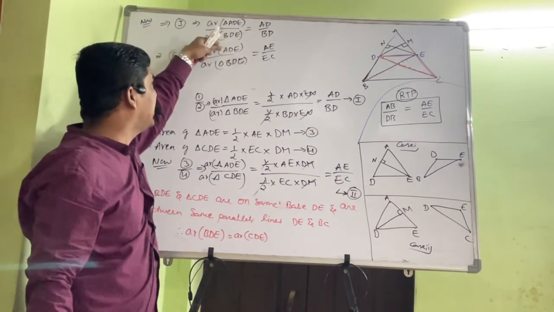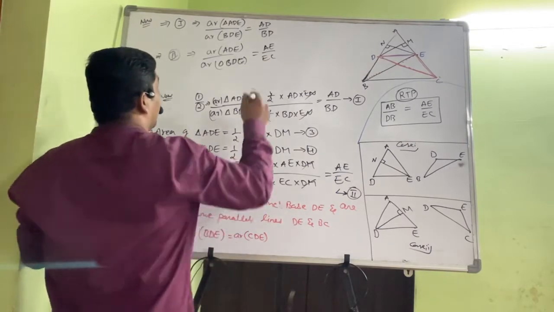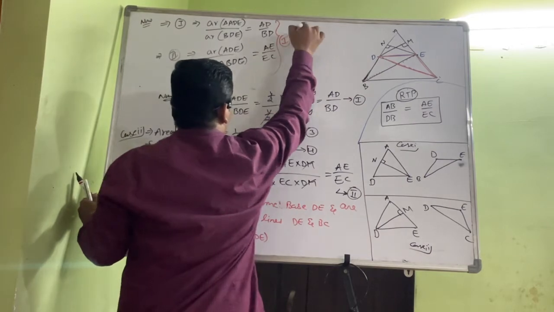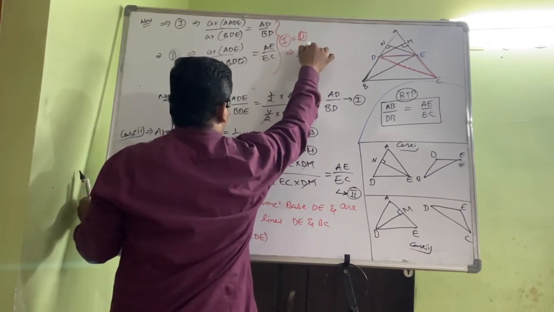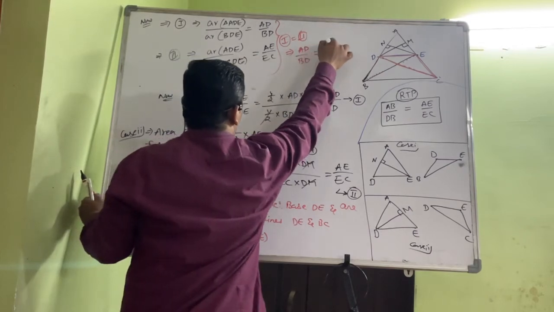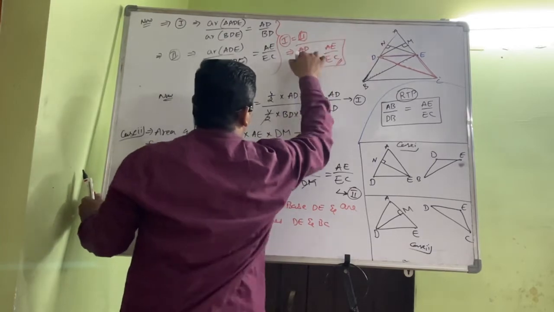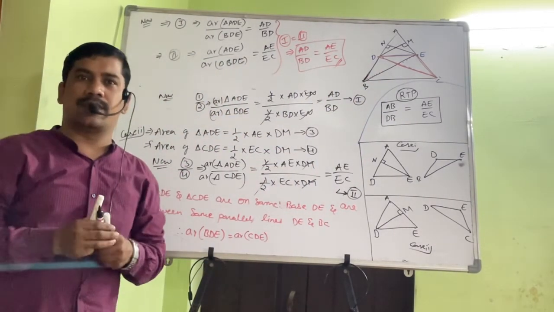So as both are the same, we can equate Roman 1 and Roman 2. When we equate the left hand side, we should equate the right hand side also. Thus AD by BD we should equate to AE by EC. So if we equate, you will get our answer. Got with this point everyone?